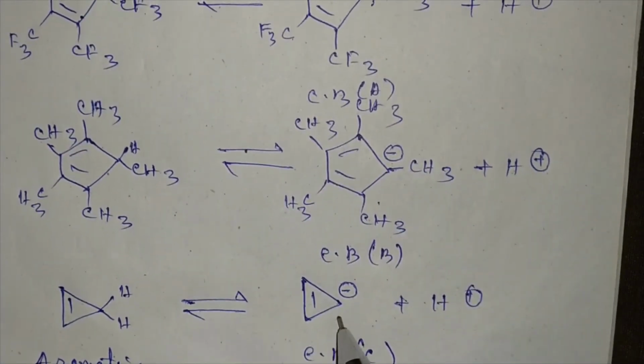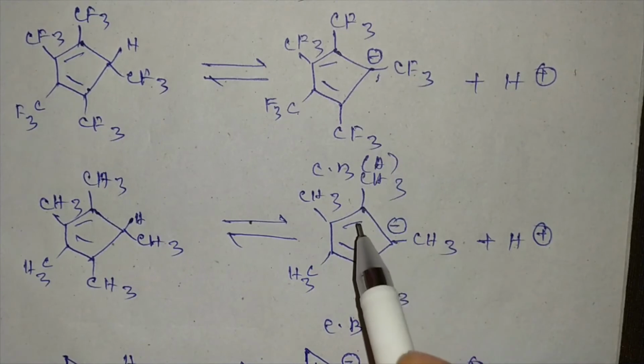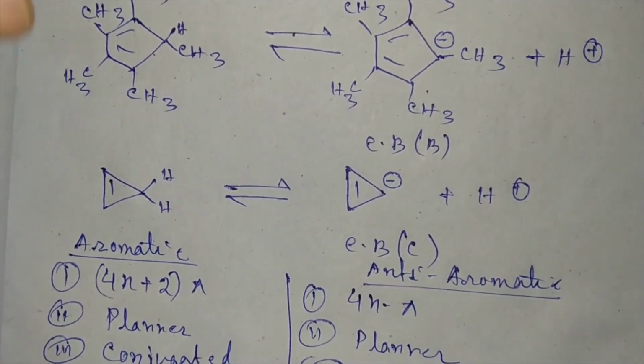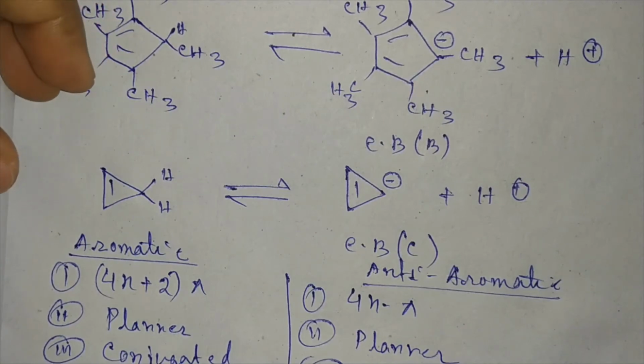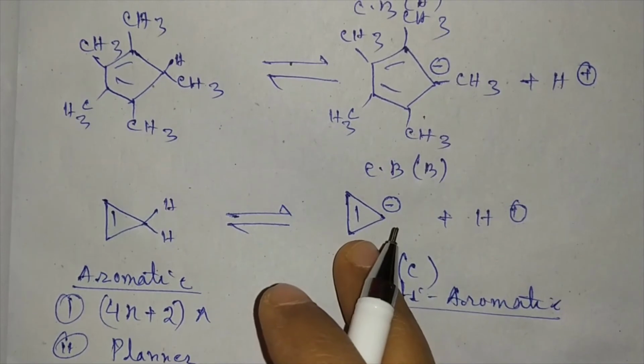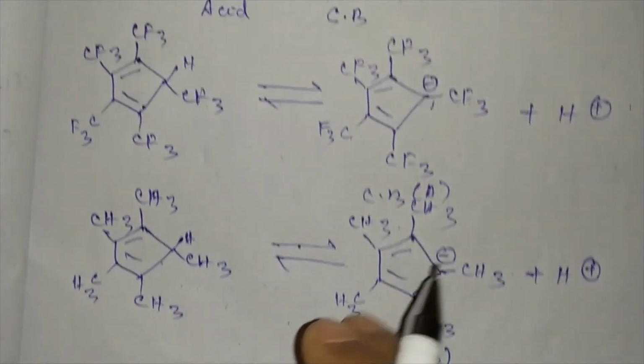So this is anti-aromatic and these two anions are aromatic, and anti-aromatic compounds are highly unstable compared to aromatic compounds. So the stability of the conjugate base of C is very much less than these two.